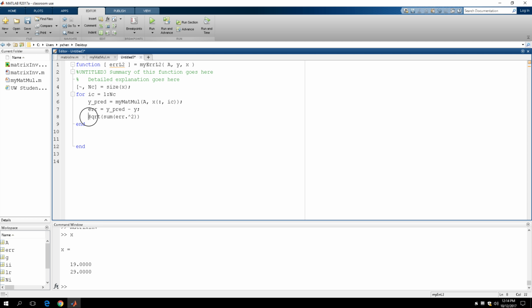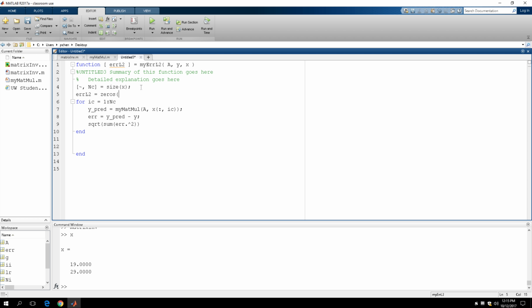And now my calculation is complete, right? But I need to actually store the result of the calculation into something that can be used as the output. The output here is actually error L2, right? So let's try to construct a vector.